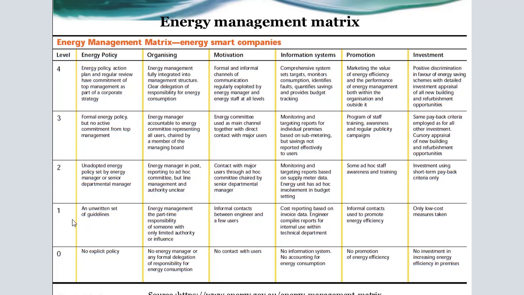While in level number 1, it is different, and here there is an unwritten set of guidelines in the field of energy policy, and in the organizing column, energy management is the part-time responsibility of someone with only limited authority or influence, and so on. There is an explanation for all these levels with different columns that describe the current situation of the organization.